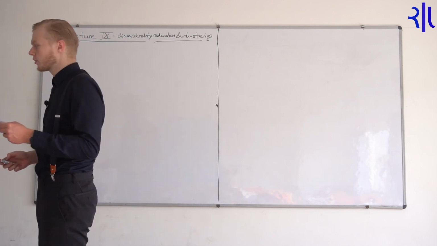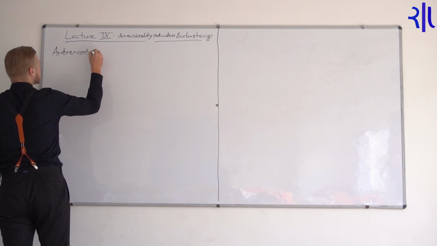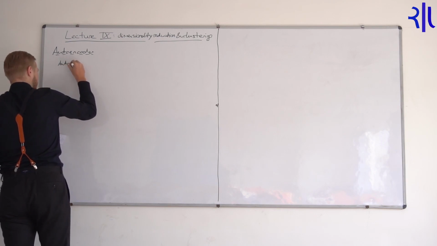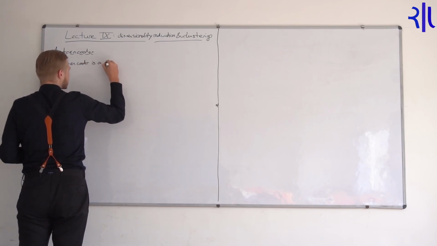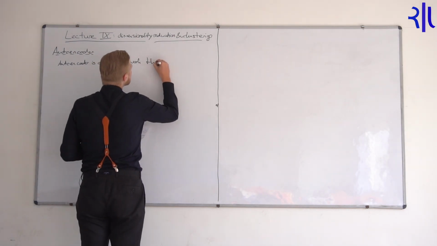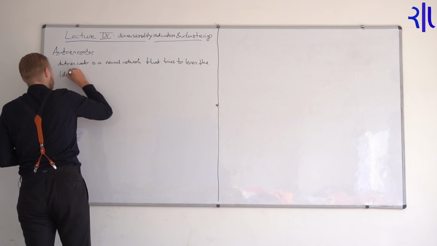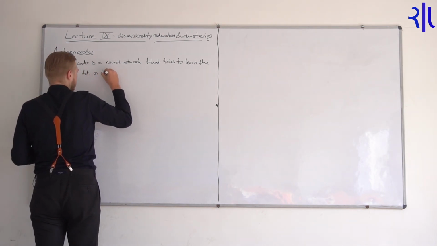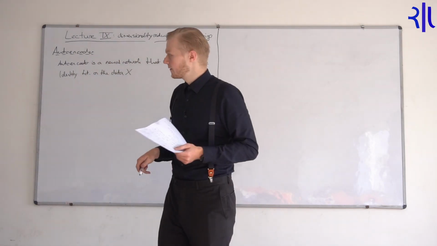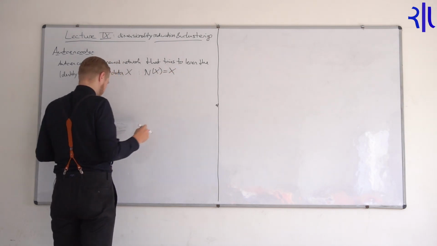Another approach that we can do is to use an autoencoder. An autoencoder is a neural network that tries to learn the identity function on the data X. So if n is the output of our neural network, we want that n of x is x again.